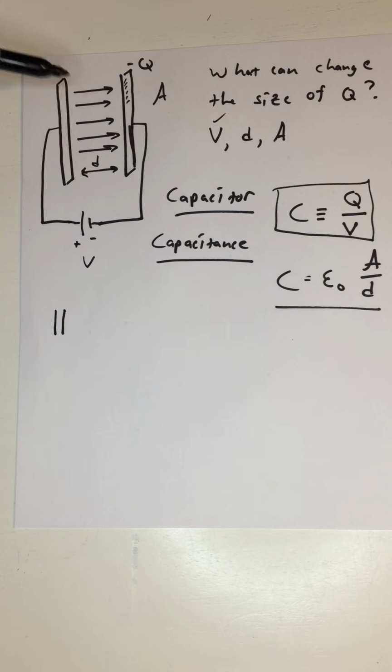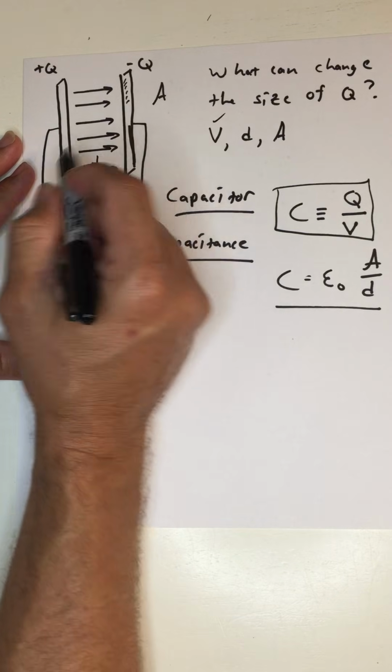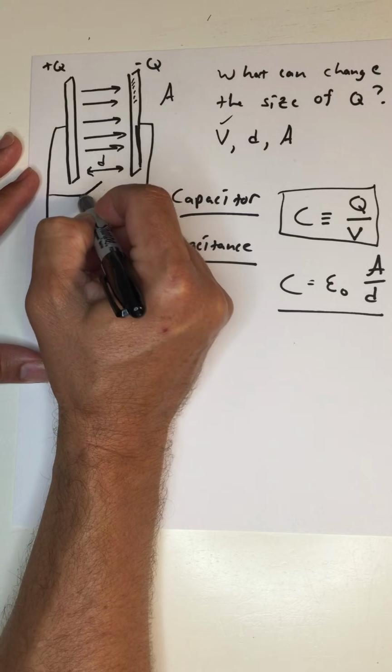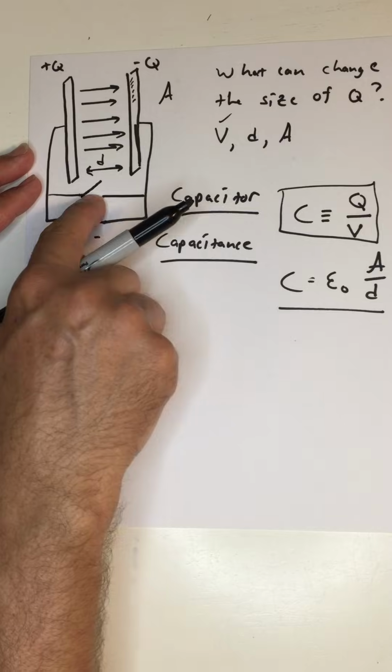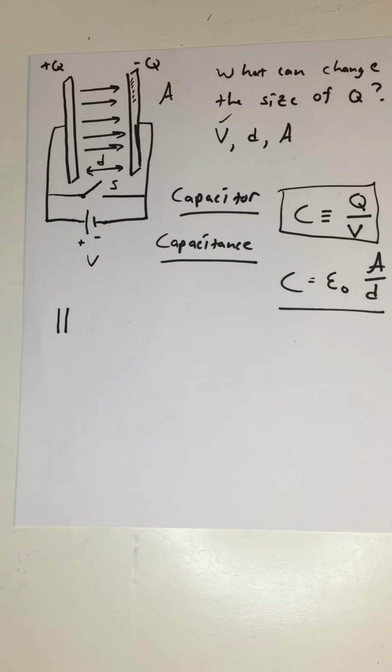So let's think about this. Let's see what happens after I charge up the capacitor and it's completely charged, and I put in something like this. These are more electrical symbols, but you can probably see this pretty well as a switch. What is going to happen if I close this switch?